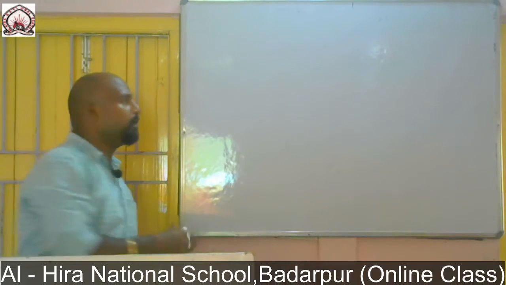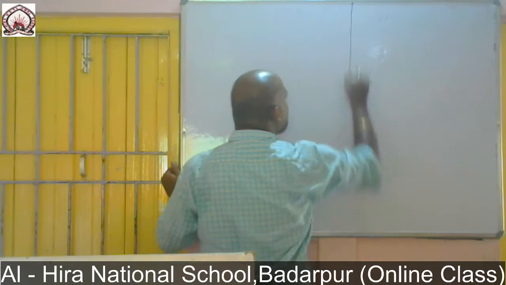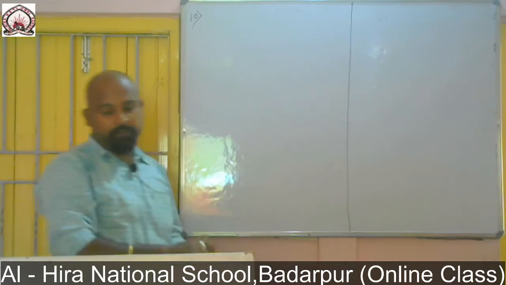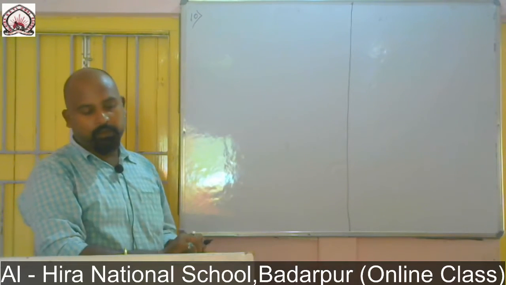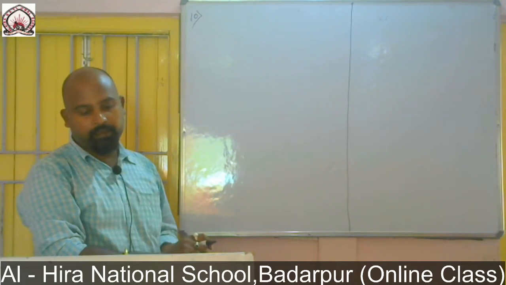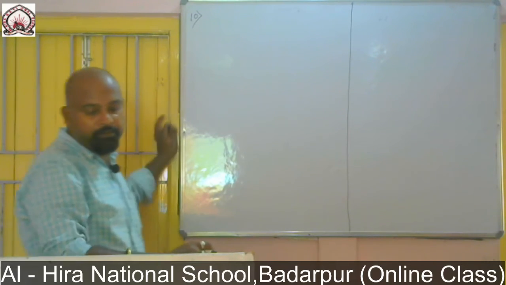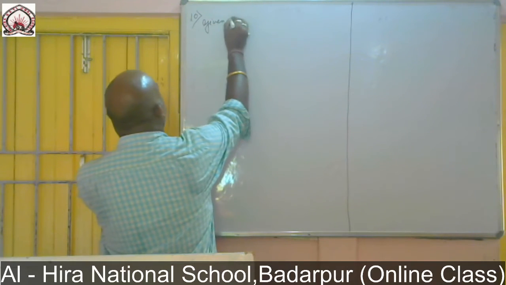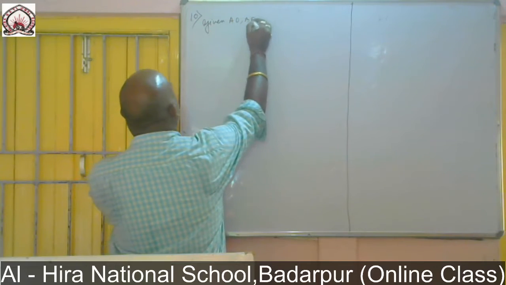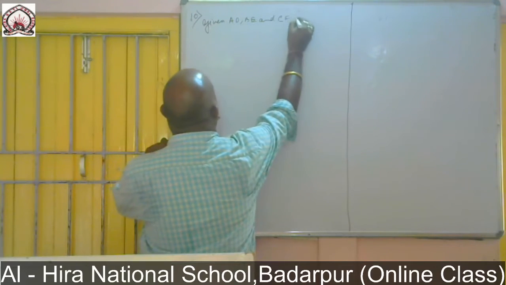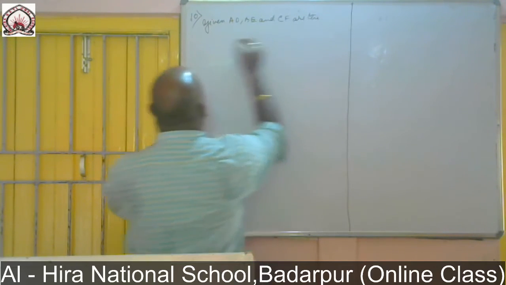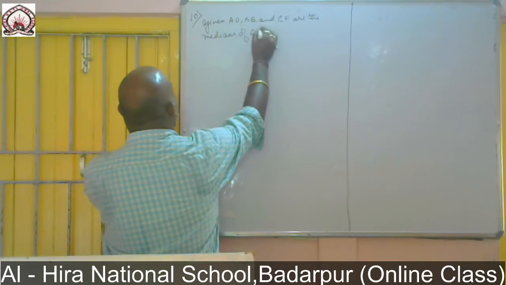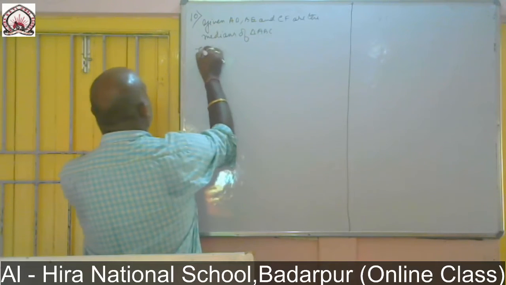Now question number 10. In question number 10, what have they given you? Given AD, BE and CF are the medians of a triangle ABC. What we have to prove?